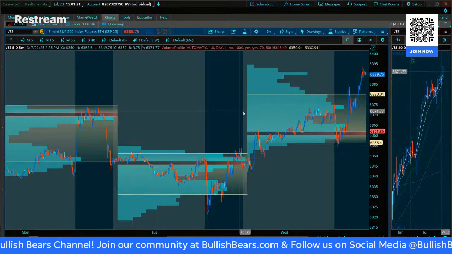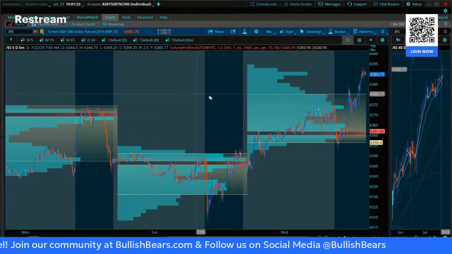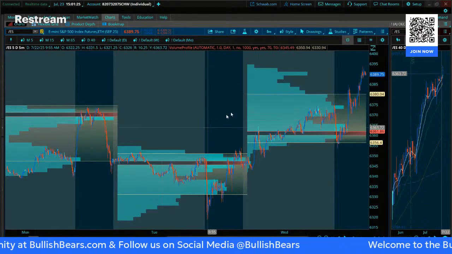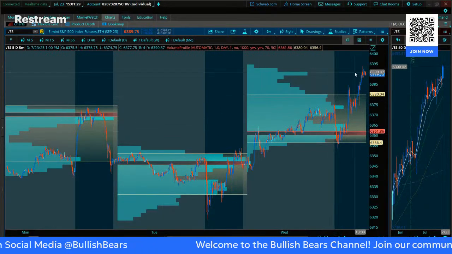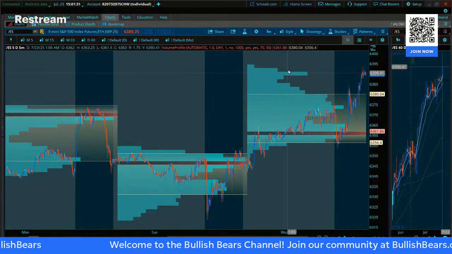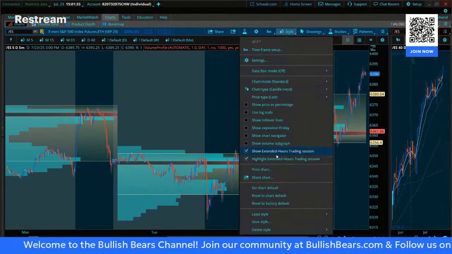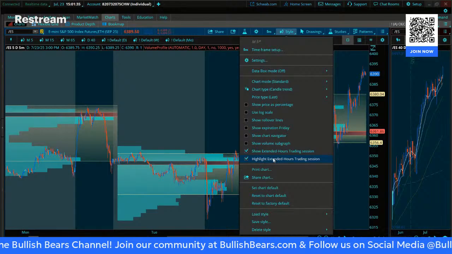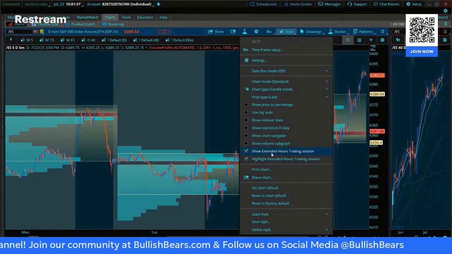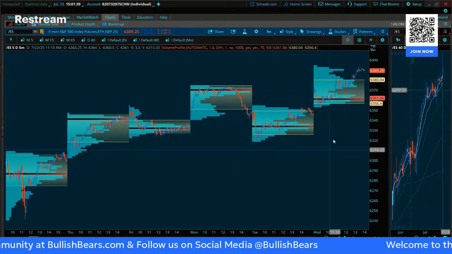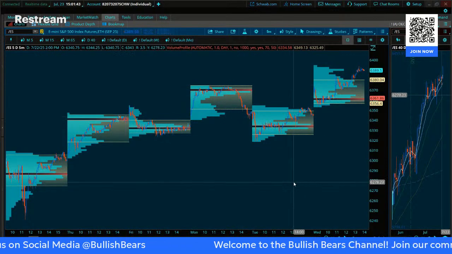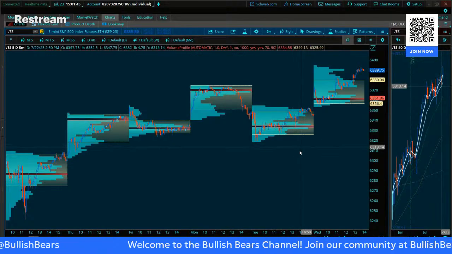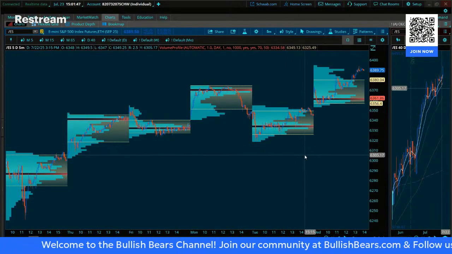Now, unfortunately, we don't have a lot of play room here, but if you wanted it to start at 9:30 only, you're basically going to have to go in and just turn off the extended hours, which sucks, but that's how you can force it to do the intraday only. If you go to like TradingView or something, they've got the one that will do session only and it'll start.